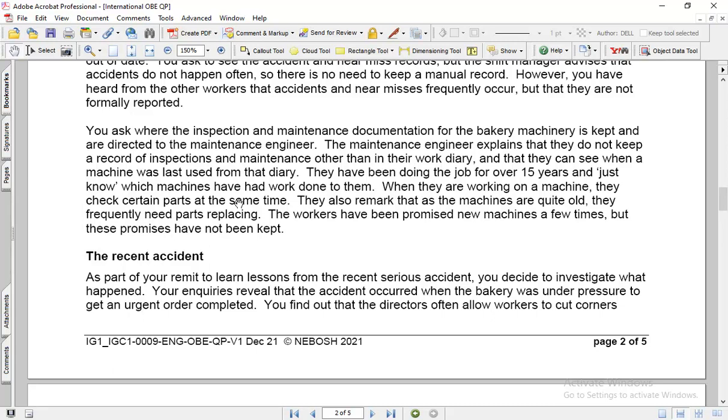He also mentioned that the machines are quite old and their parts frequently need replacing. The workers have been promised new machines a few times, but these promises have not been kept. So as we have read, the machines are old, and the management have promised the workers that they will replace them, but no action has been taken.